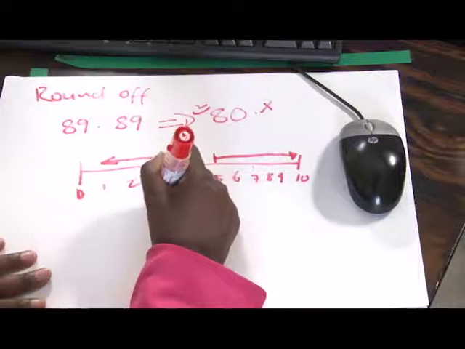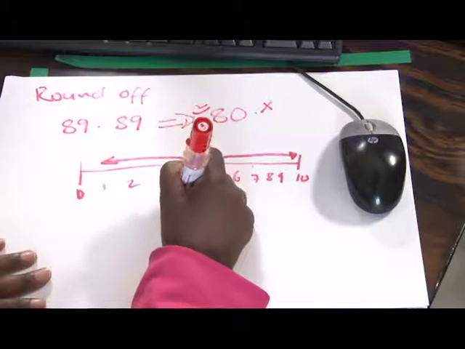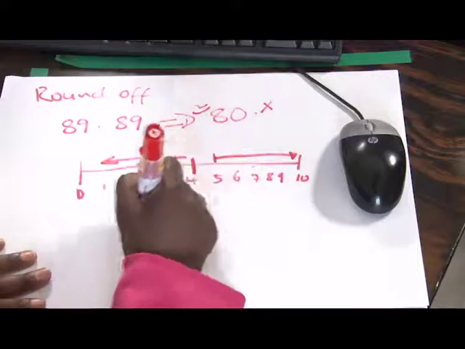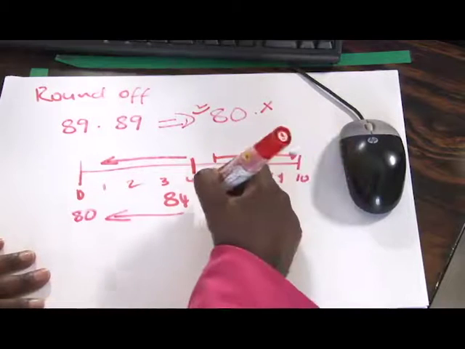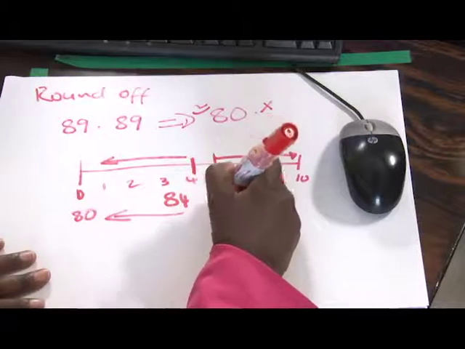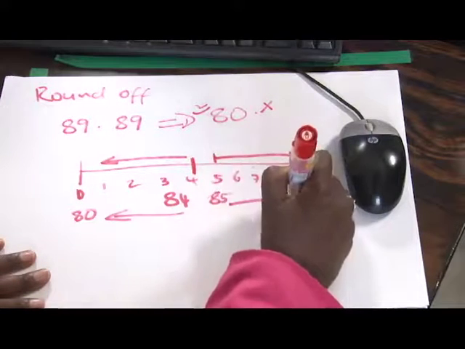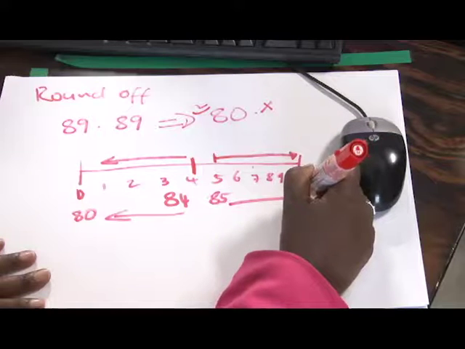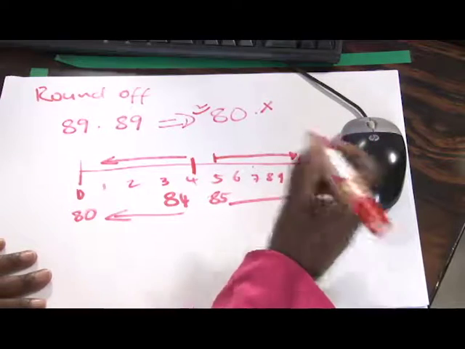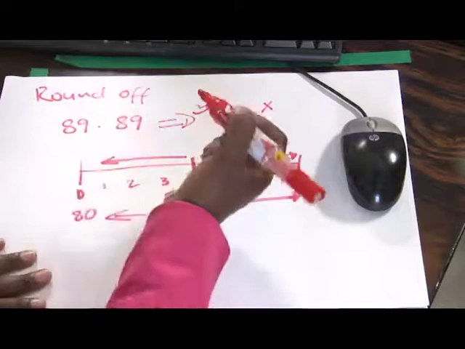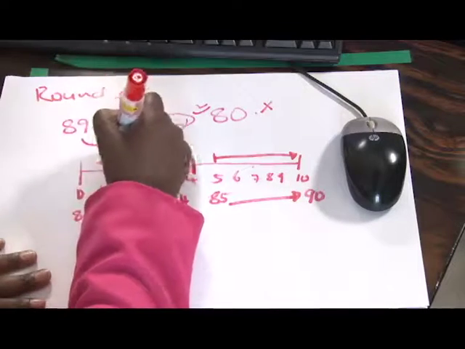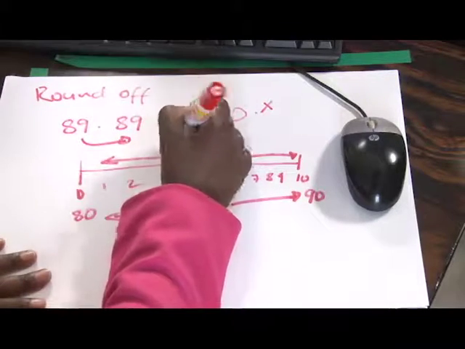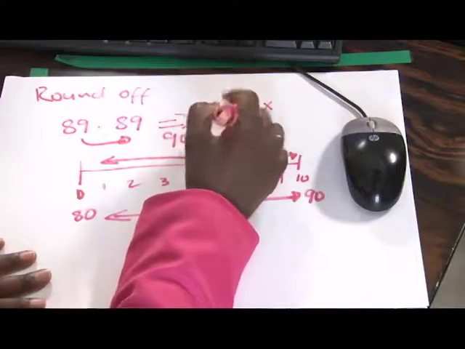If we have something like 84, then we round it off to the nearest 10, which is 80. If we have 85 or more, we round off to the nearest 10, which is 90. So this answer that we had here was supposed to be 90, and not 80.